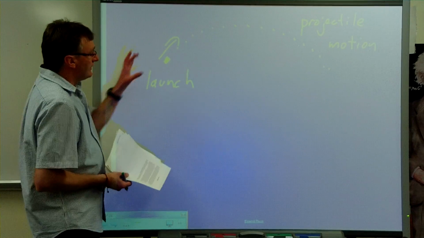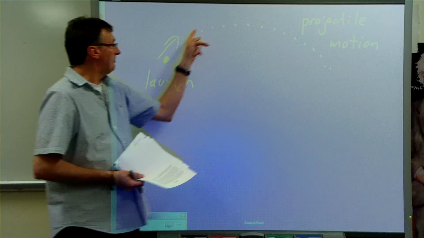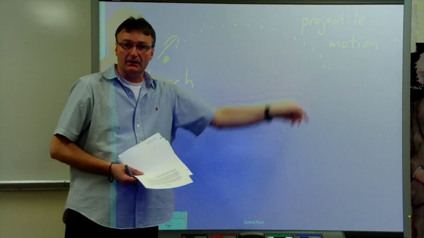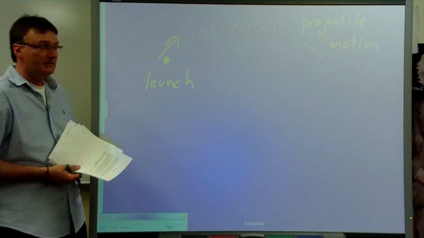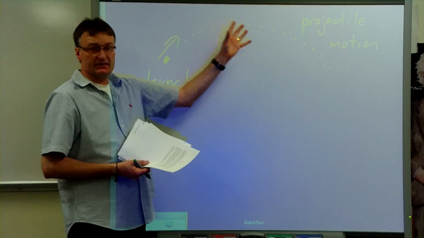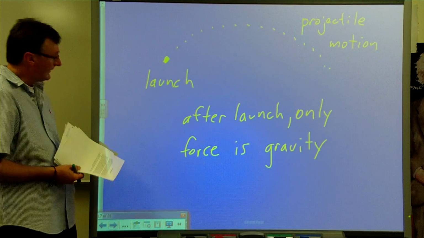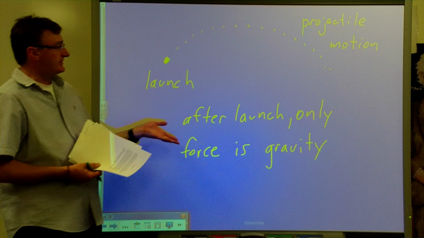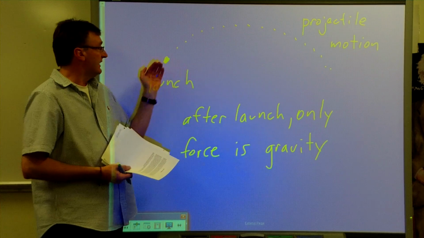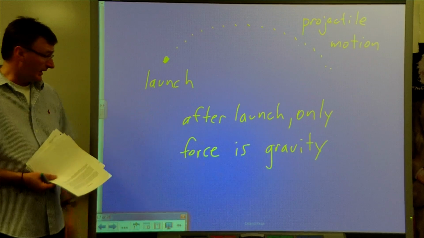Projectile motion follows what we call a parabolic trajectory. If you were to graph this, it would actually be a parabola. After launch, the only force acting on it is gravity. So indeed, as soon as it's launched, it's in a free fall.